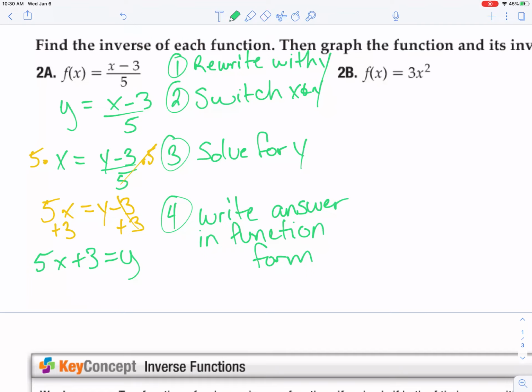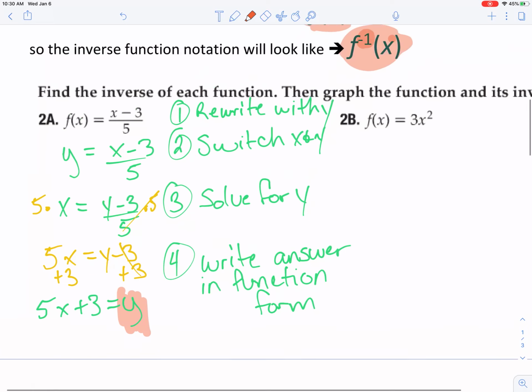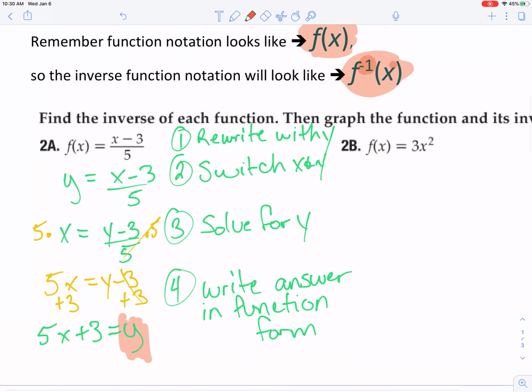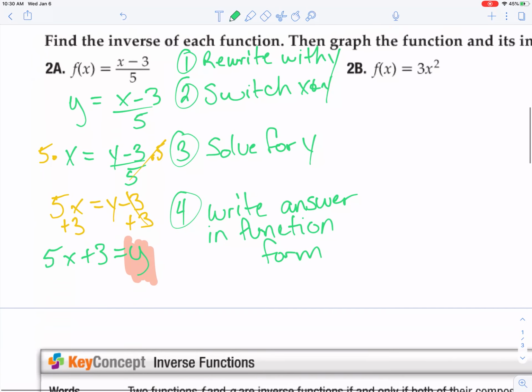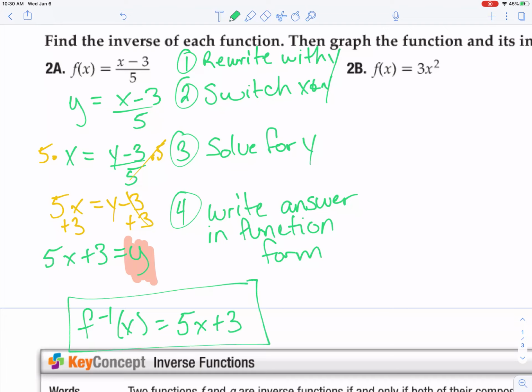What I'm going to do is, instead of writing y, I'm going to put this back in function notation. But I'm going to remember that function notation is going to use this up here. So my final answer is going to be the inverse function of x equals 5x plus 3. And that is your final answer.